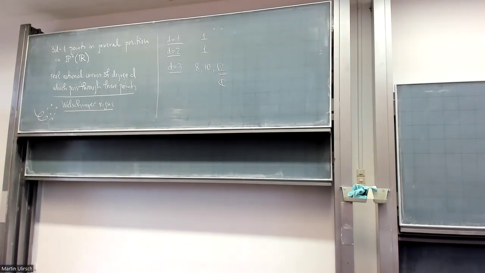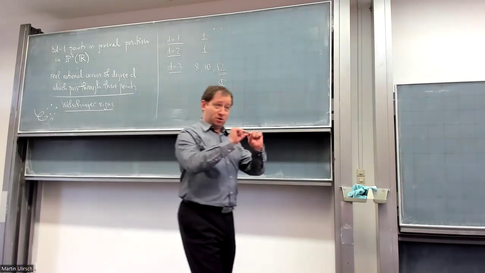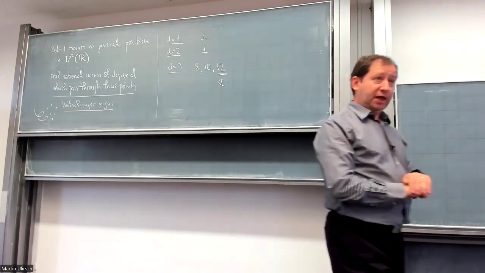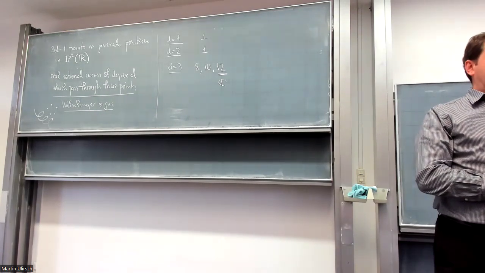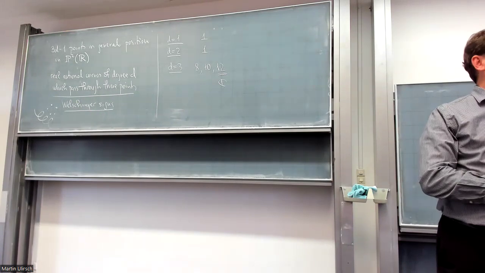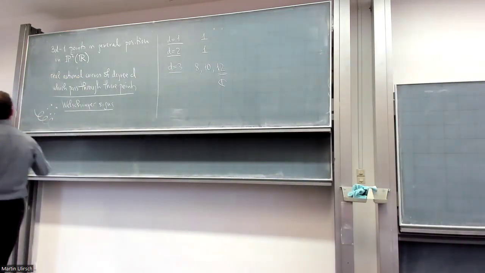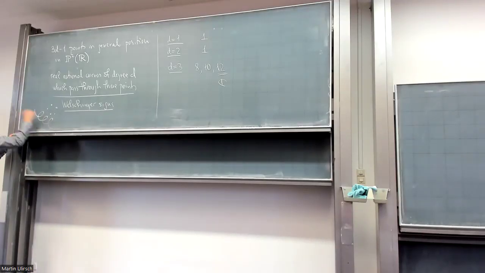A real nodal curve has some number of nodes, non-degenerate double points. And each point can be of one of three possible types. The first type is like this.